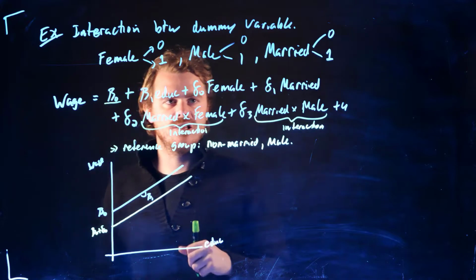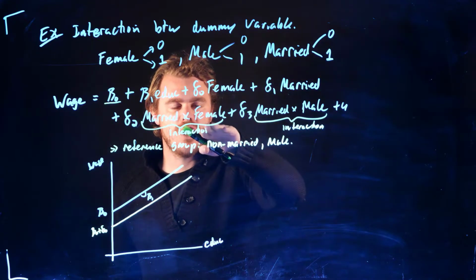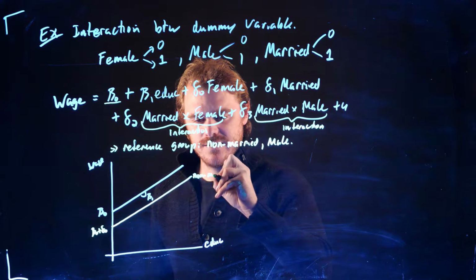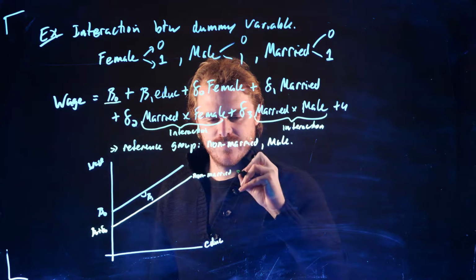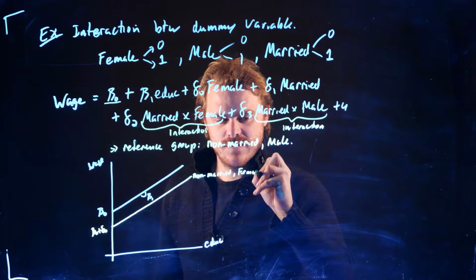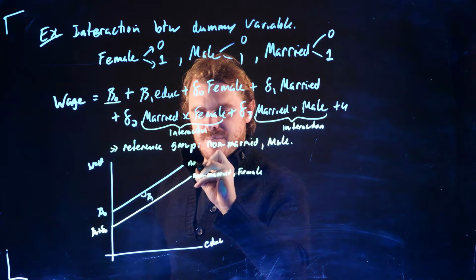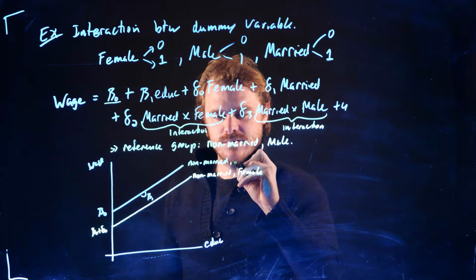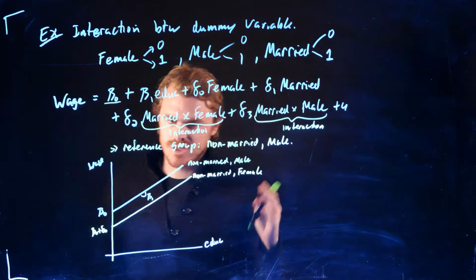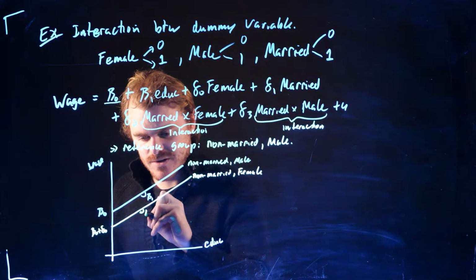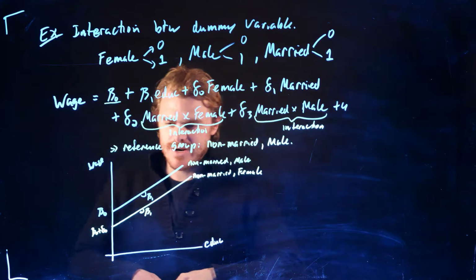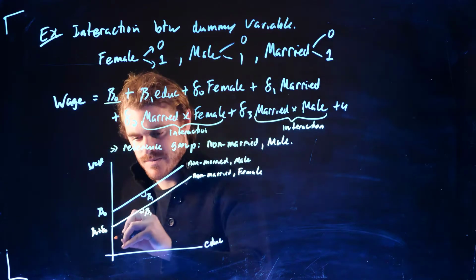So the intercept's a bit lower for someone who's a non-married female. So think of this as non-married female. This is non-married male, just assuming you have to identify as one of the two. The slopes are the same. I don't know if these colors are even showing up here, but we're going to have a couple more.